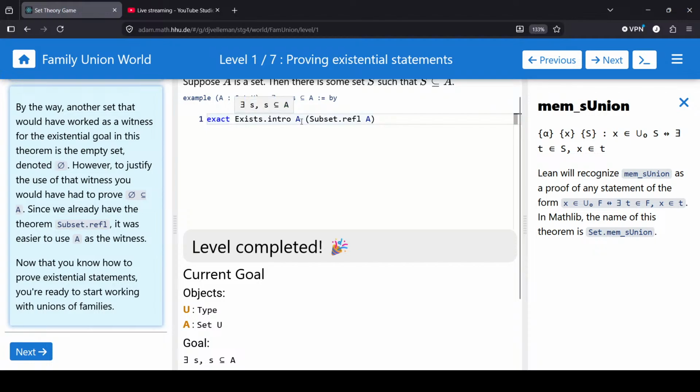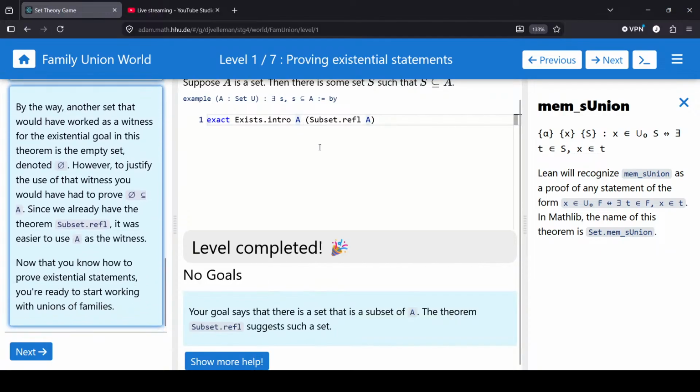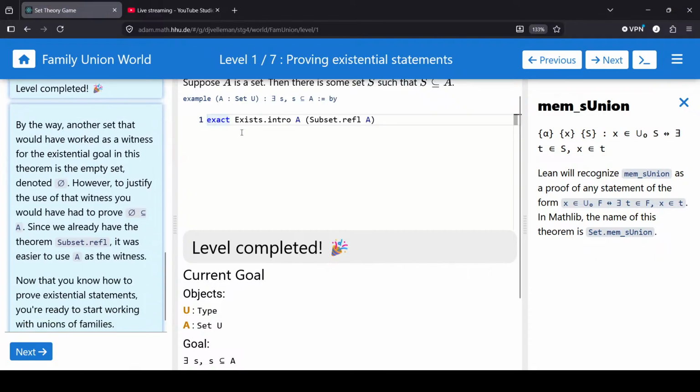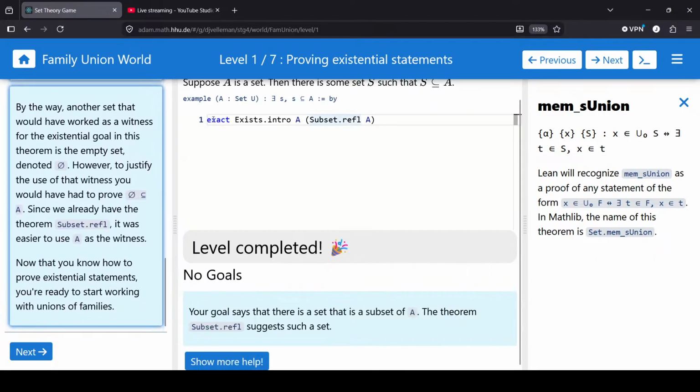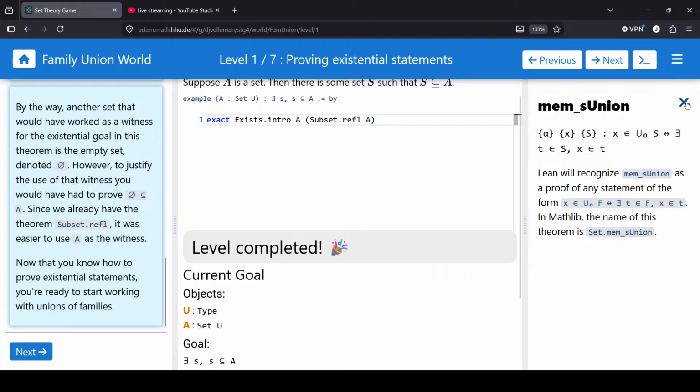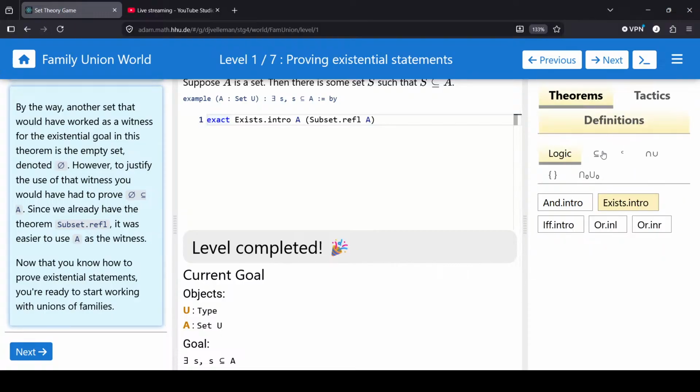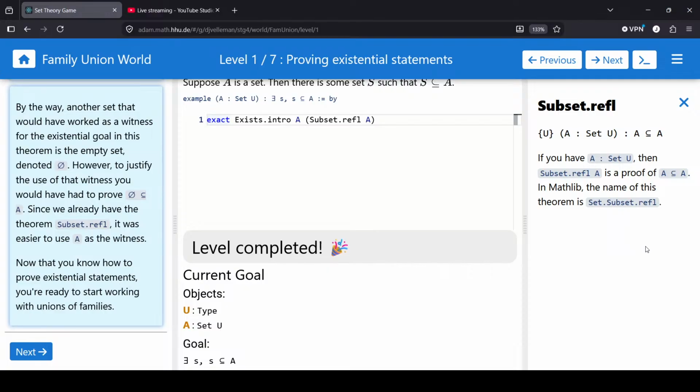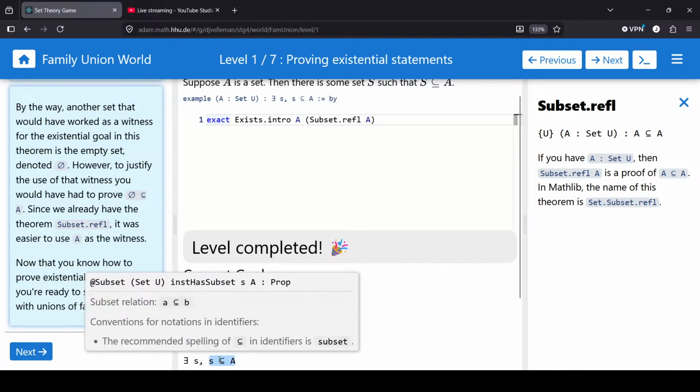So I gave it A, and then gave it subset refl, which is a proof that A is a subset of A. So the first argument is substituted into the quantified thing, and then the second argument has to be a proof of whatever results from that.